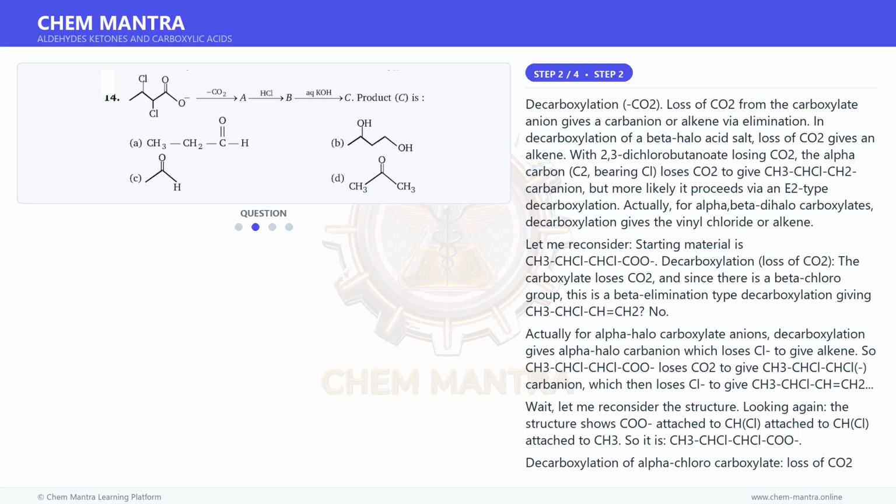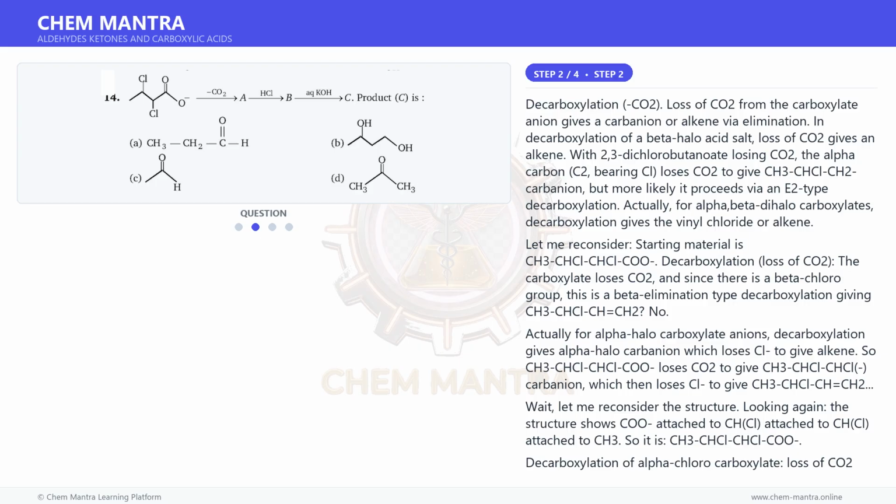No. Actually, for alpha-halo carboxylate anions, decarboxylation gives an alpha-halo carbanion which loses Cl to give an alkene. So CH3CHCl-CHCl loses CH2 to give CH3CHCl-CHCl carbanion, which then loses Cl to give CH3CHCl-CH=CH2.